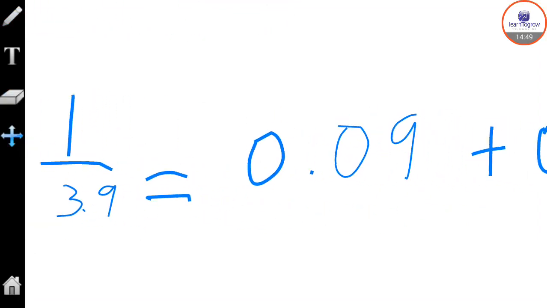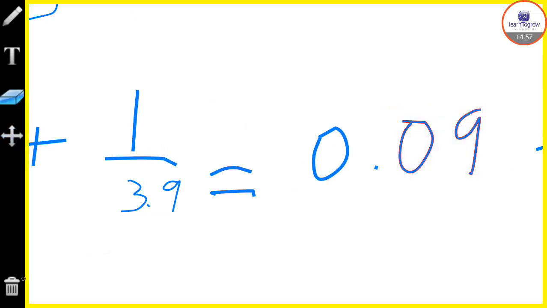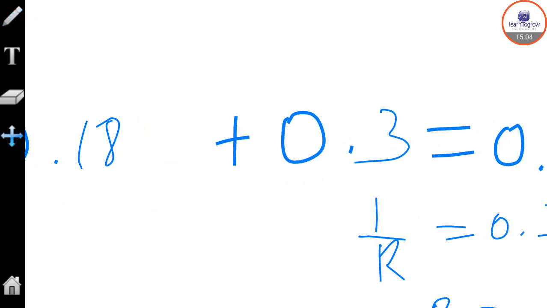For 1 upon 5.5, it is 0.18, and for 1 upon 3.9, it is 0.25.